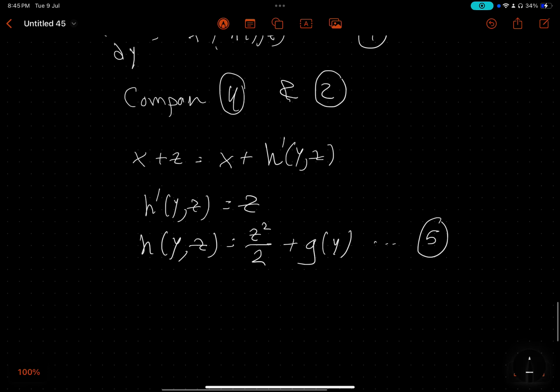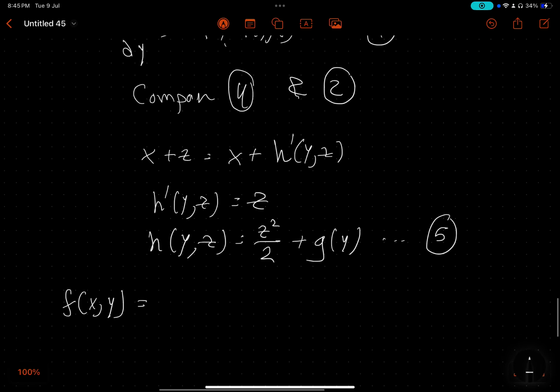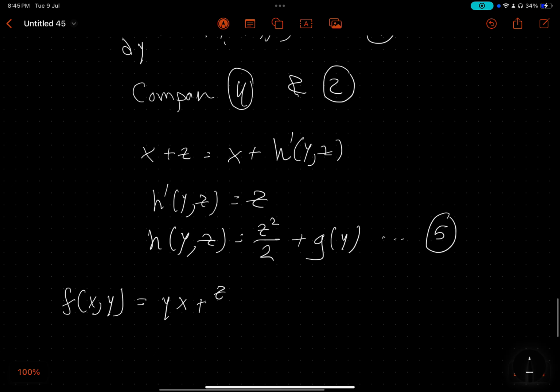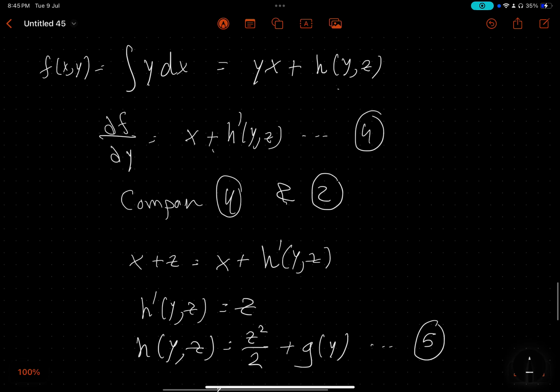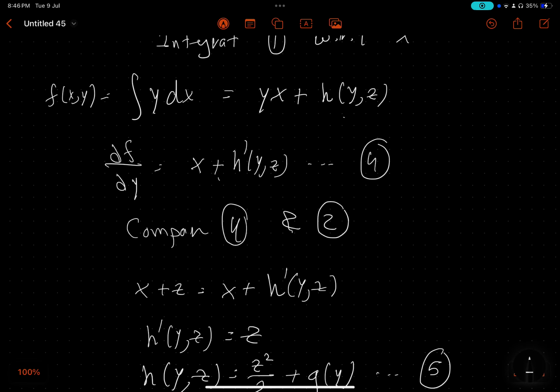And so, okay, let's plug it into our f of x, y, z. So we're gonna have yx plus z squared over 2 plus g of y. Now we need to find g of y, so let's just do df with respect to z. And this is gonna be xyz plus z plus, with respect to z, is just gonna be 0. Okay, it's gonna be 0.